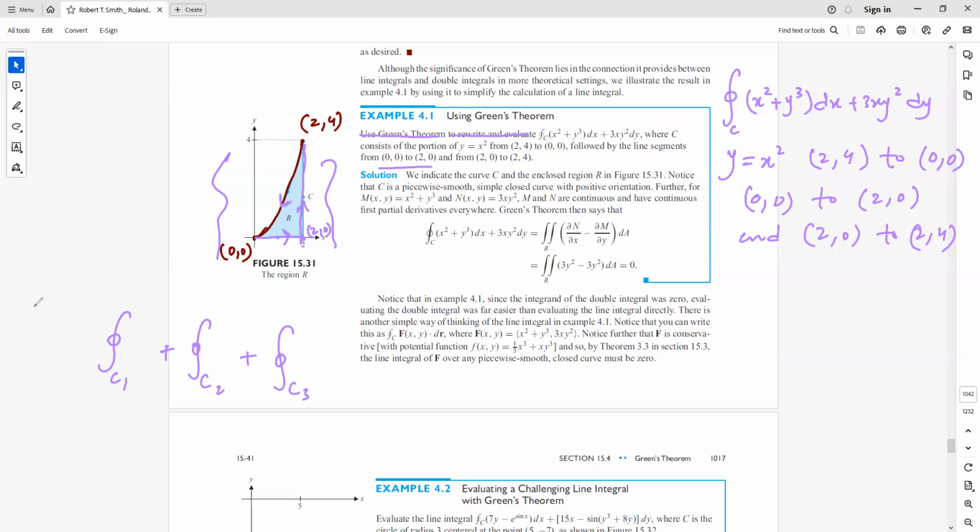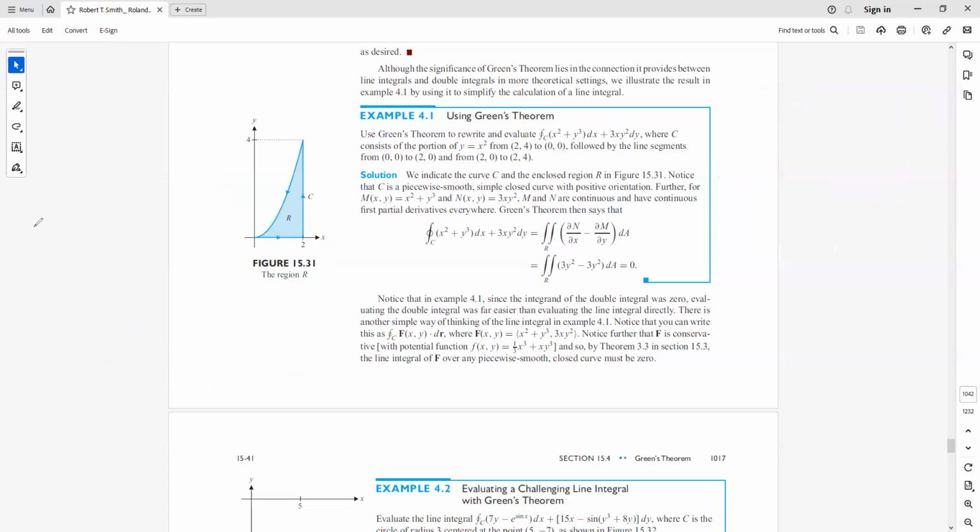But instead of doing that, if we consider the region that is bounded inside, that is this region R, we can first of all find the curl of this region simply by ∂N/∂x minus ∂M/∂y.